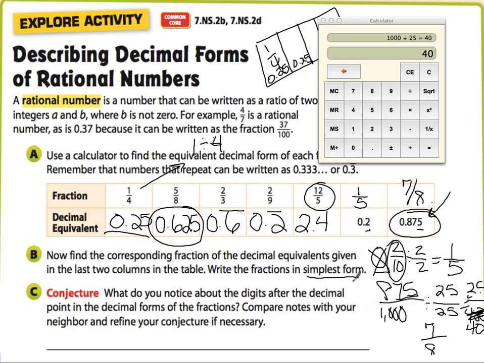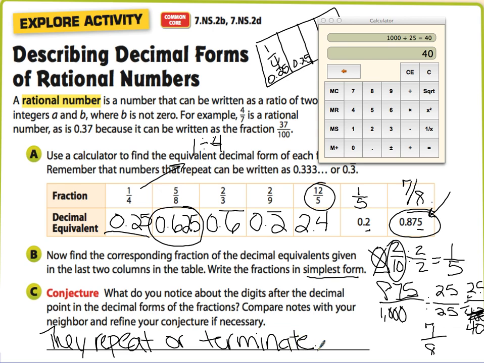Okay? So now here, what do you notice about the digits after the decimal point in the decimal forms of the fractions? Okay, so what do we notice about this? So you should notice that they either repeat or terminate.